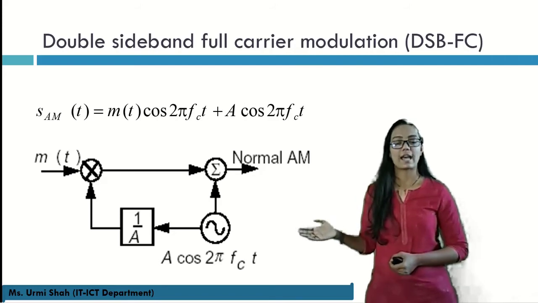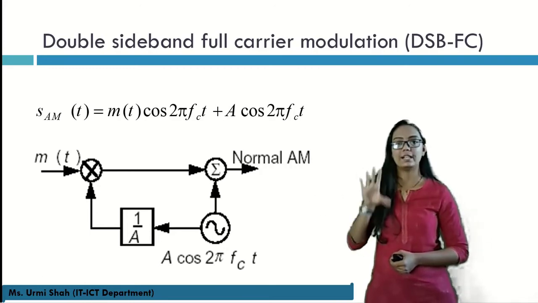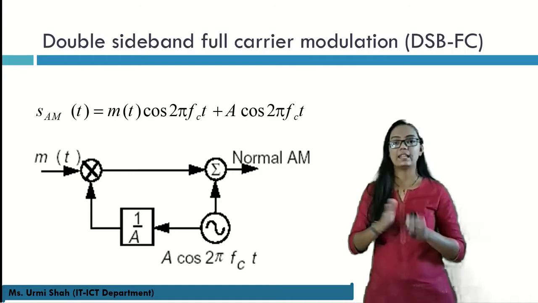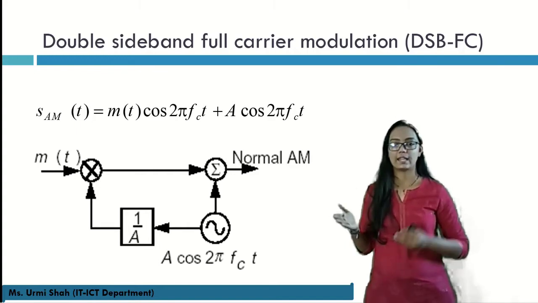Here is the ideal amplitude modulation scheme which we have discussed, that is normal amplitude modulation, where we multiply the message signal with the carrier signal and then the modulated signal is passed from one end to another.